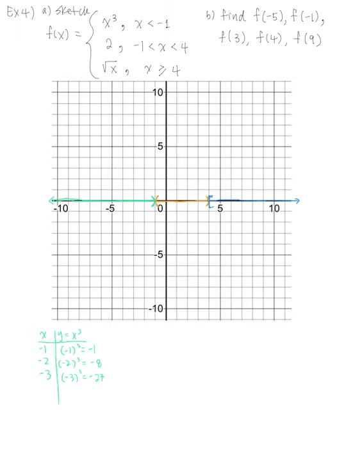So when x is negative 1, y is negative 1. I should not put a closed dot right there. It should be open. All right, and then when x equals negative 2, y is negative 8. And then when x is negative 3, your y is, oh goodness, all the way down to negative 27. So I'm just going to put it like, pretend like right there.